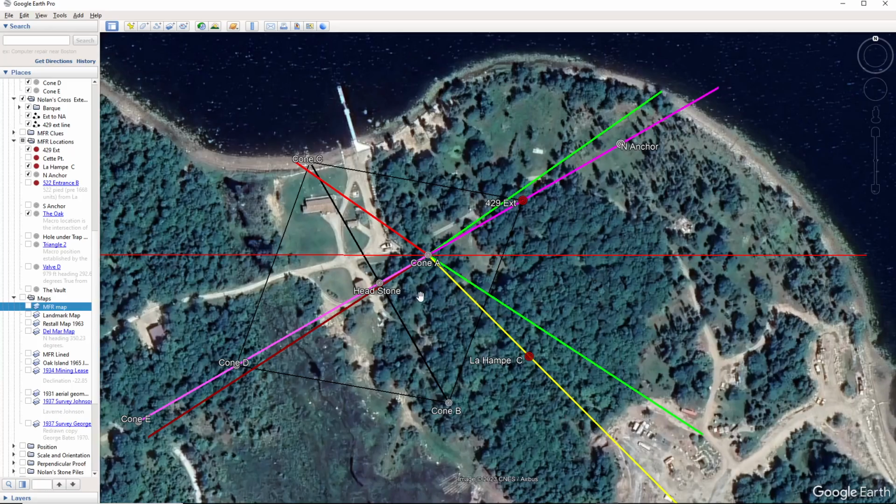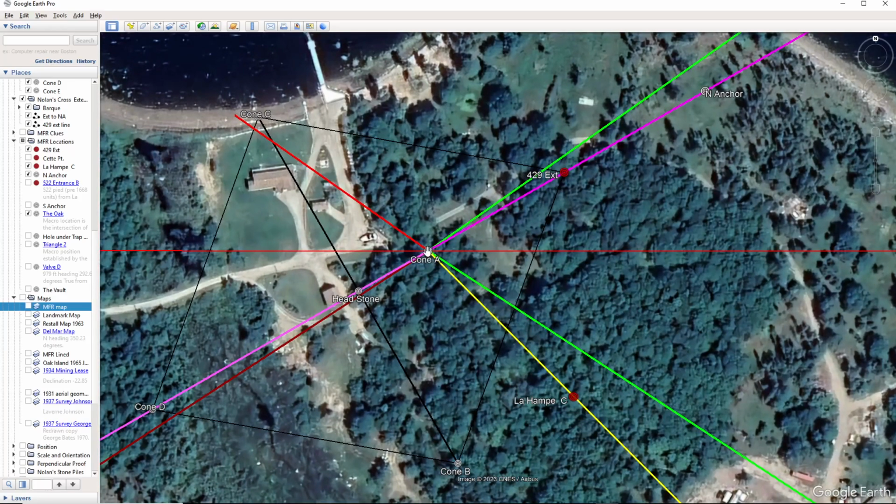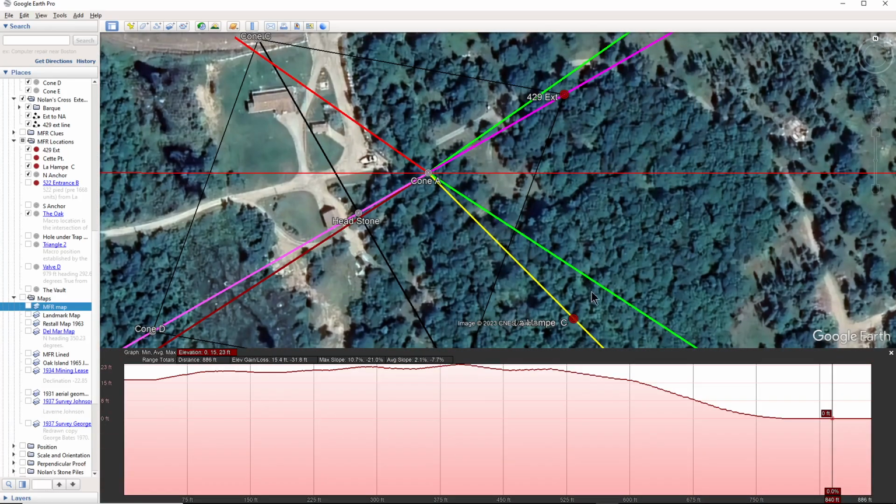Now, according to Brian Farrow, these are observed at cone A. So cone A is the most eastern portion of Nolans Cross. It's the top of the cross. Now, when we look at the axis of Nolans Cross, we will find the elevation here. Here's cone A. The elevation is way above the horizon.